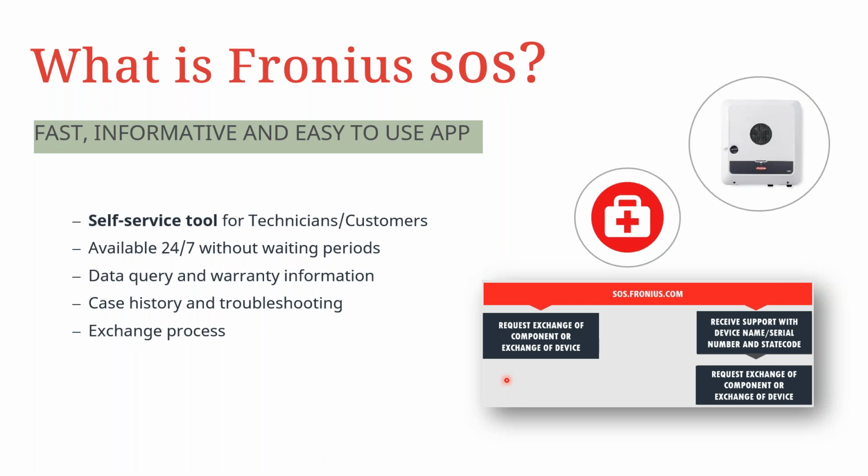It's available 24/7. So as opposed to the normal procedure where you might need to call or write an email to tech support, you have all the information you need as a technician or a customer on your phone, or you can also use the desktop version, but we will get to that later.